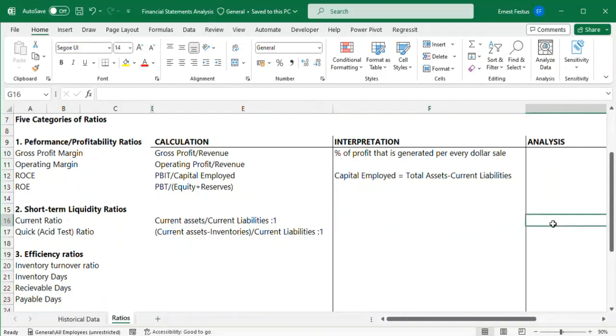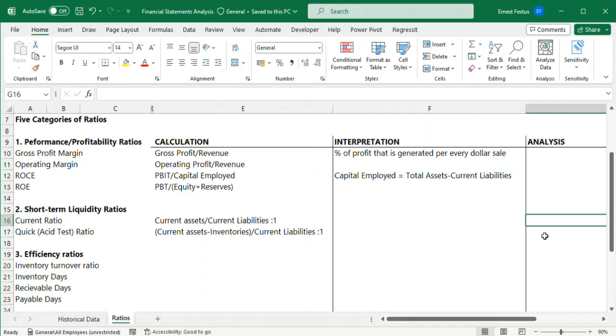So what you are saying is that when you calculate your ratio and it is low, it means the business is having liquidity problems, which means that it might not be able to pay its short-term debts before they are due. And at the same time, if the ratios are too high, it may indicate poor management of funds.